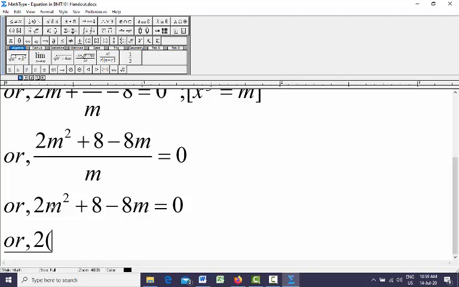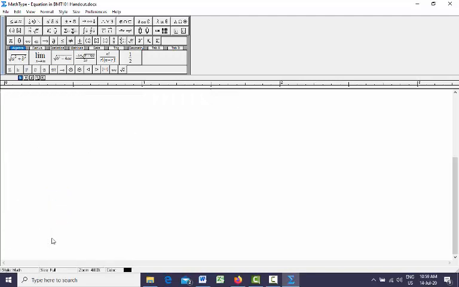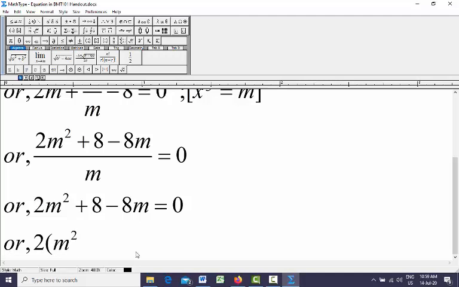If we take 2 common, we get m square here, and then minus 4m, because we are taking common and rearranging it at the same time so that it gets a better picture. Then we write the next term, plus 8; if we take 2 common, we get 4 here.